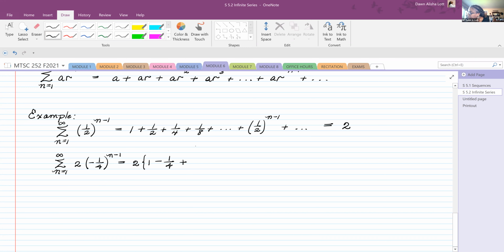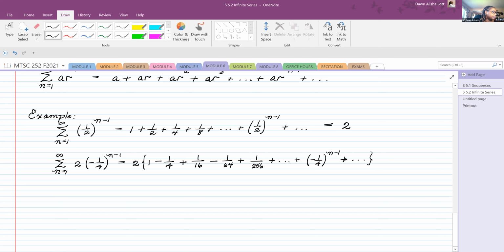When n is 3, I'm going to get positive 1/16. Then I'm going to get negative 1/64. And then I'm going to get positive 1/256, I think. Plus (minus 1/4) to the n minus 1 plus dot, dot, dot.